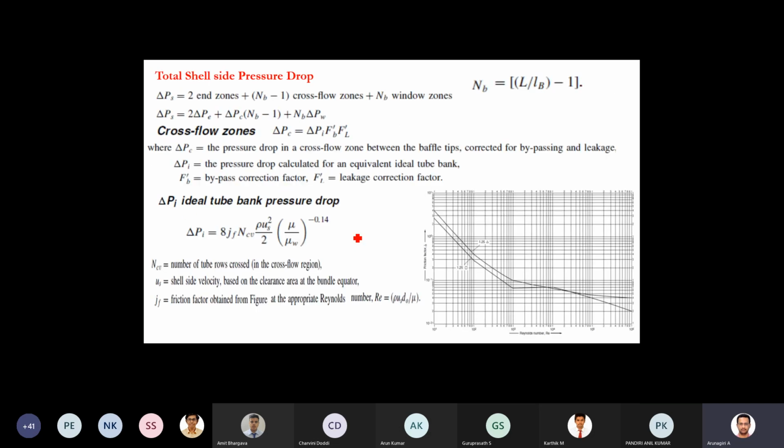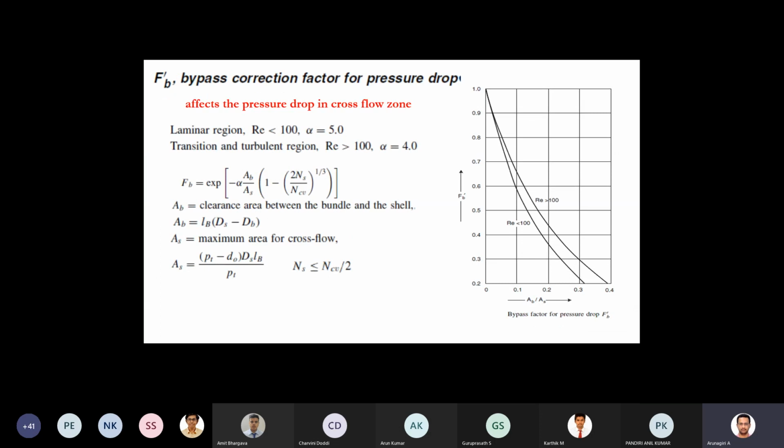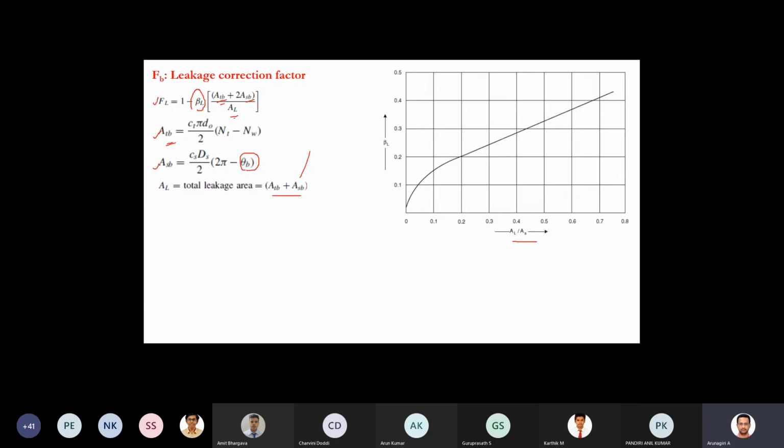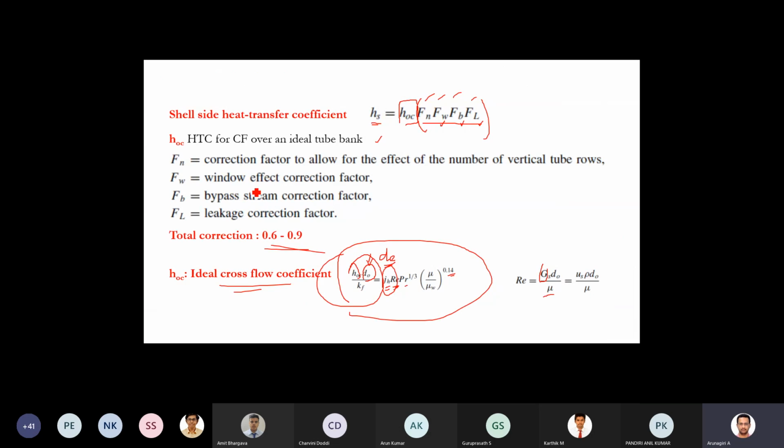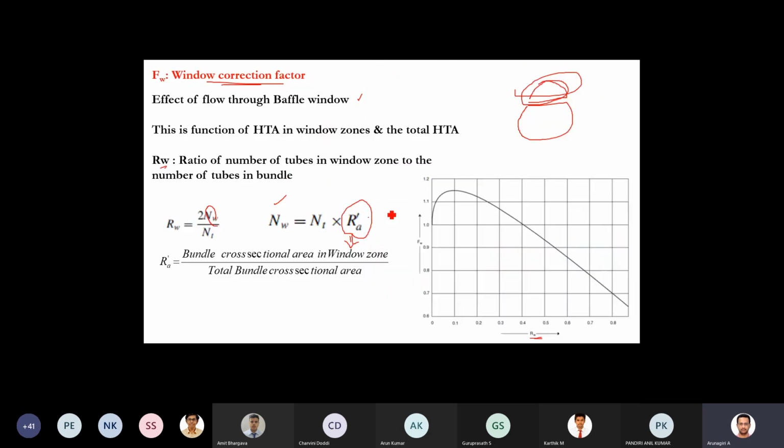This is the way to calculate the leakage correction factor. Once you know the leakage correction factor, you can substitute all these values in the equation: tube row correction factor, window correction factor, bypass correction factor, and leakage correction factor. You can find out the shell side heat transfer.